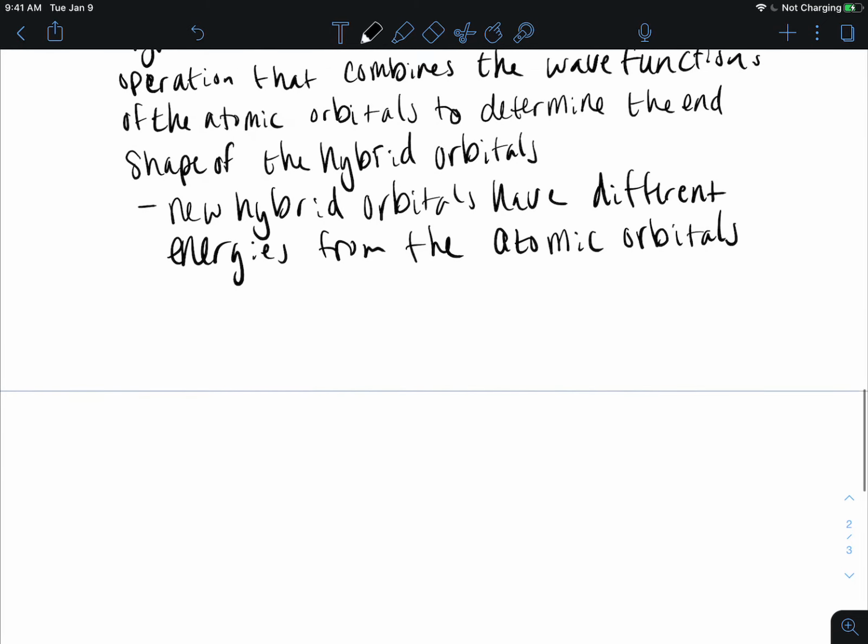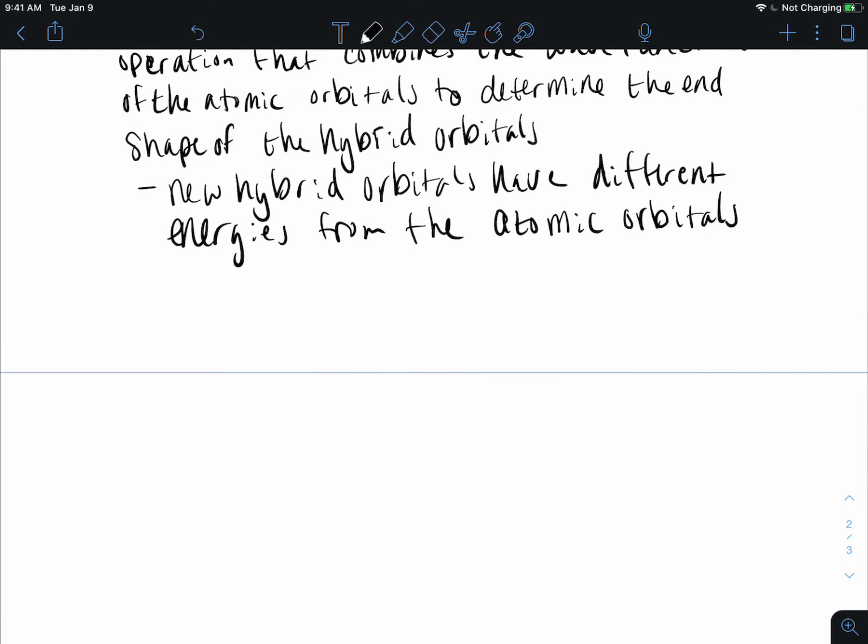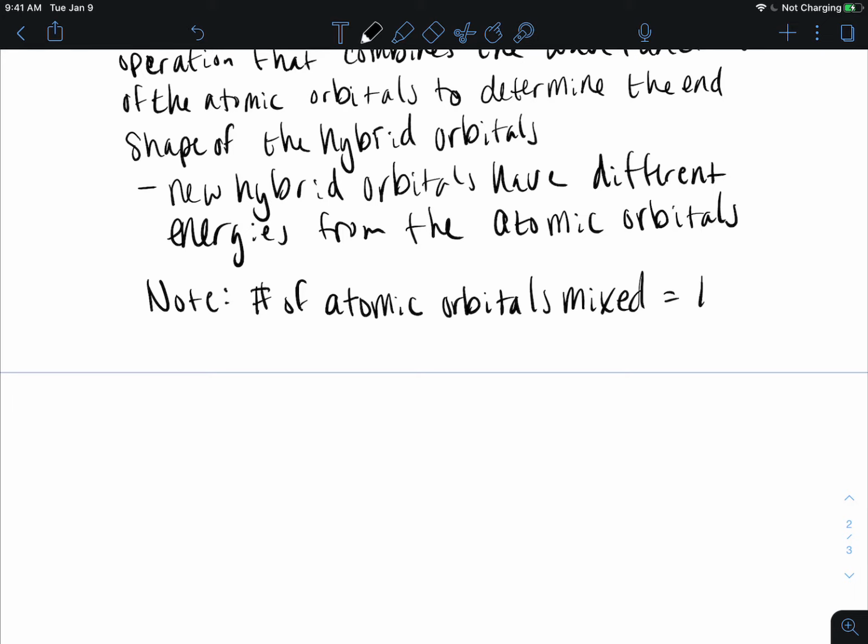Okay, and we'll look at those. Now, as a note, however many atomic orbitals you mix, you're going to get the same number of hybrid orbitals after hybridization. So the number of atomic orbitals in will equal your number of hybrid orbitals out.